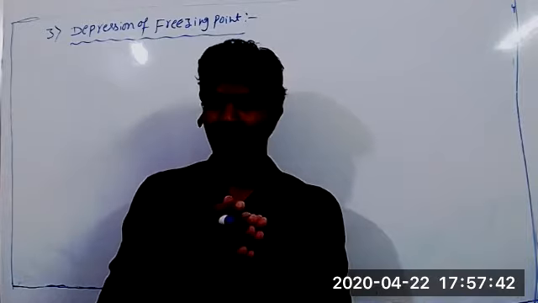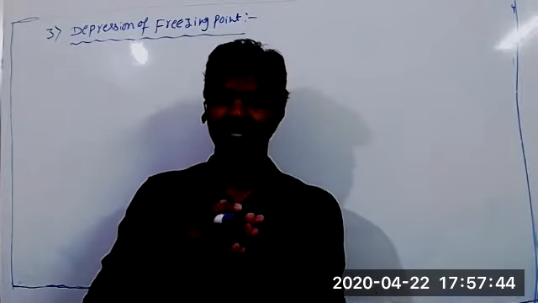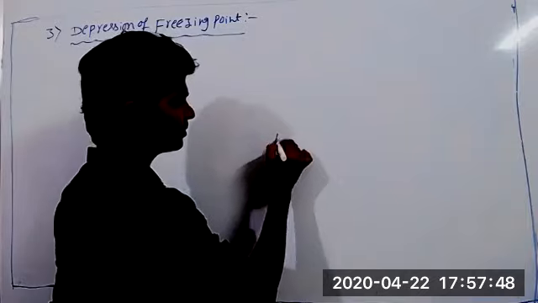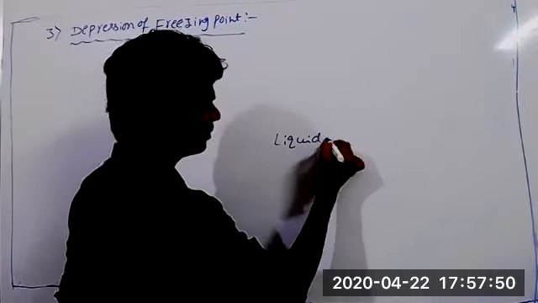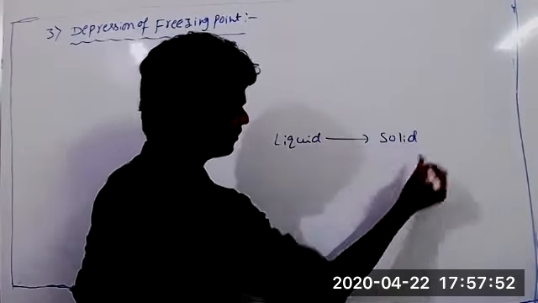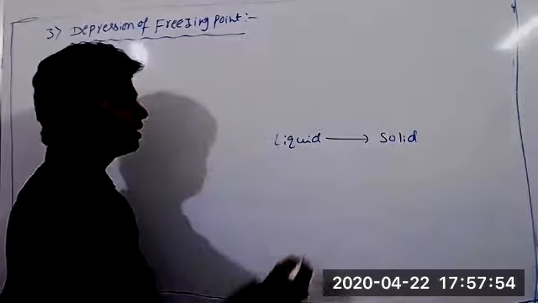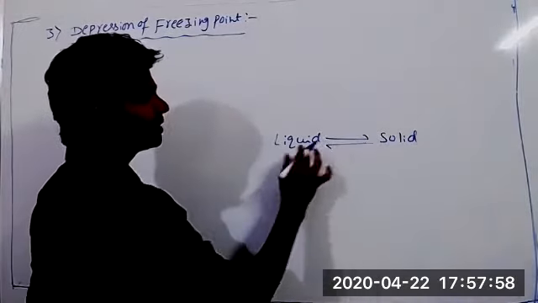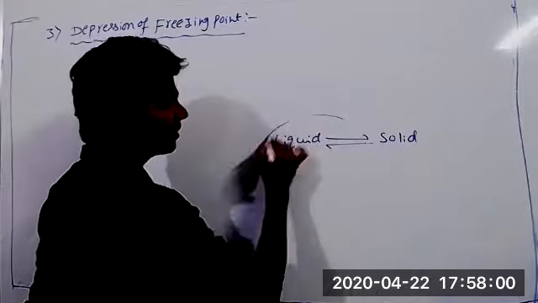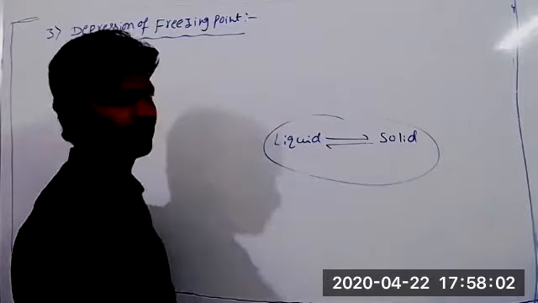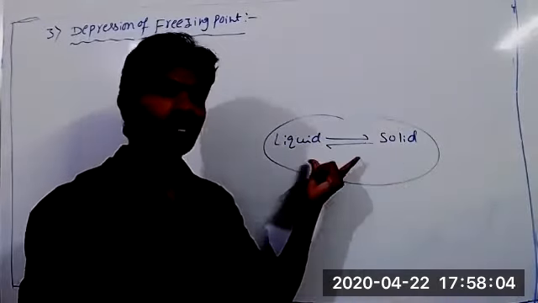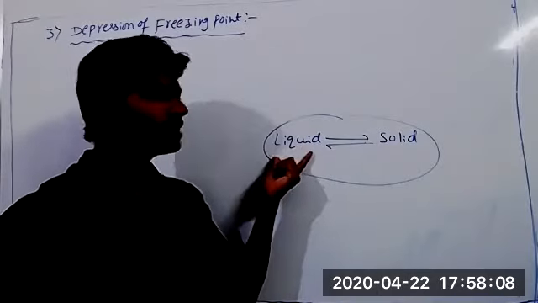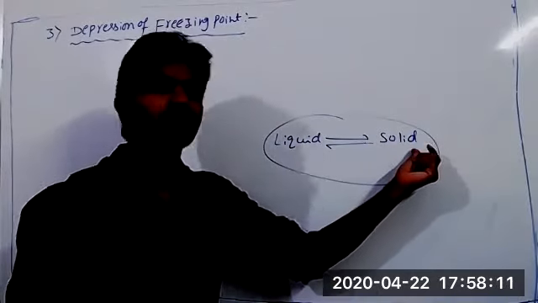During the freezing process, liquid becomes solid. At the freezing point, the liquid and solid are both in dynamic equilibrium, so the vapor pressure of the liquid phase equals the vapor pressure of the solid phase.